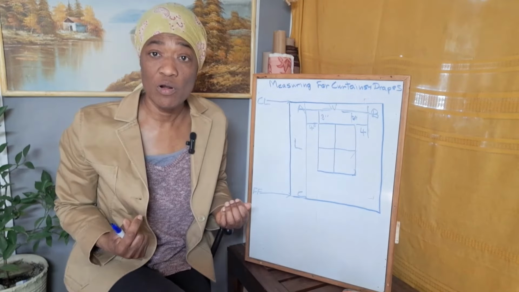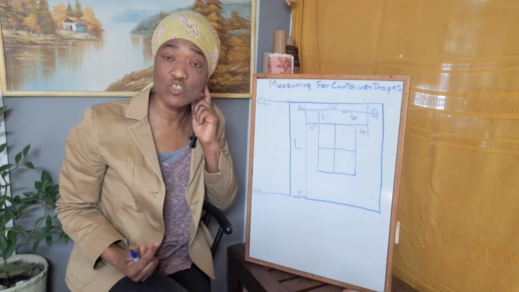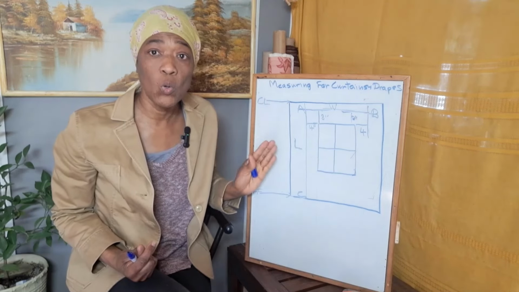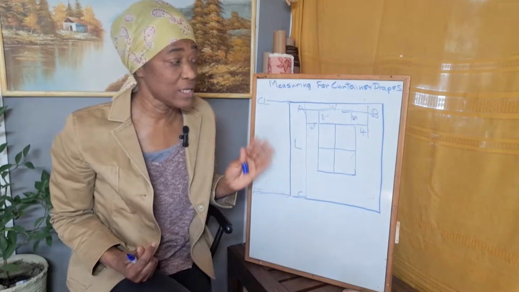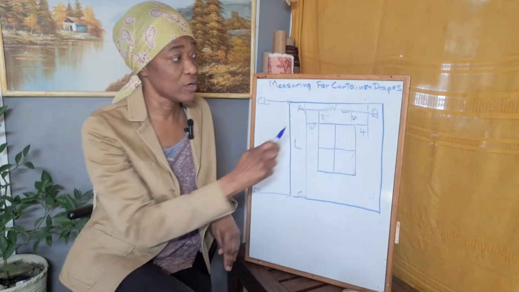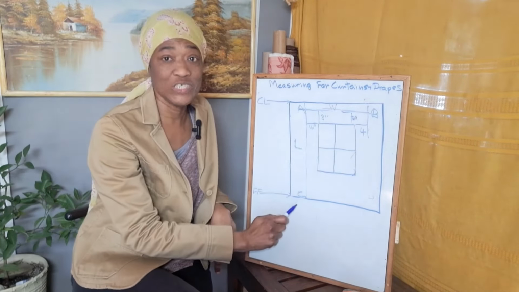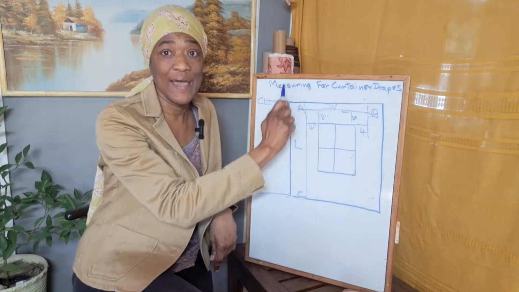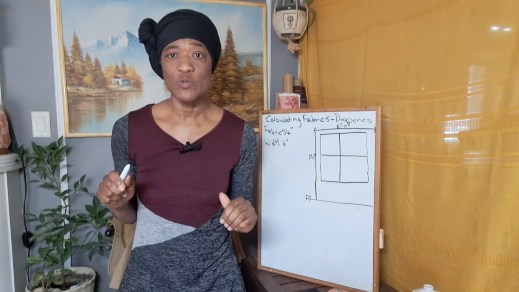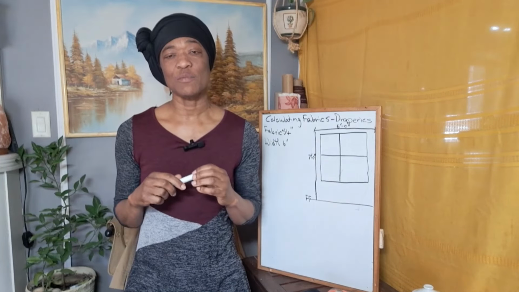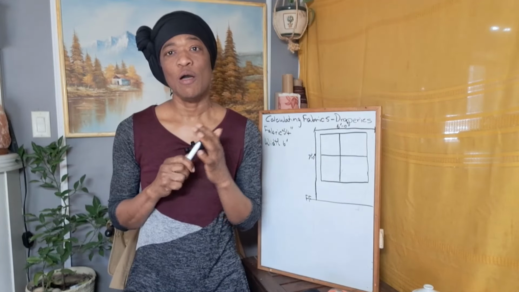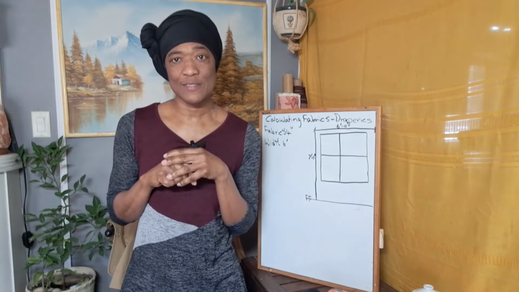Now for our curtains and draperies, these are the only two measurements that we need. They are pretty straightforward, across the top and down, width and length. We are going to use that width and the length to calculate how much fabric you will need to make your curtains.